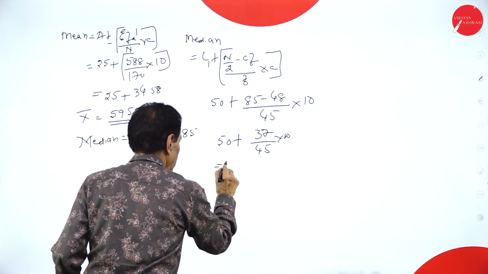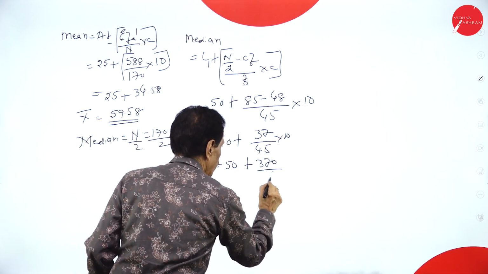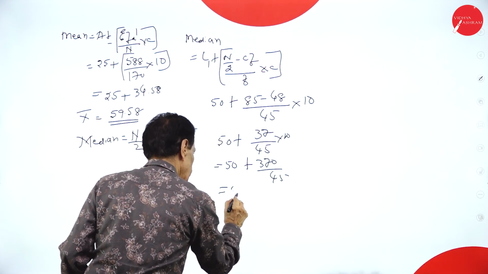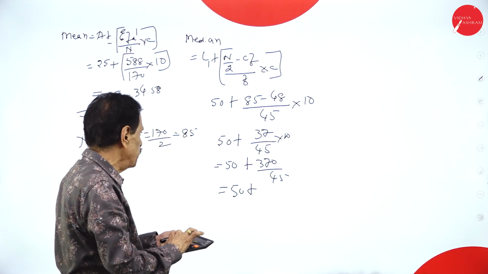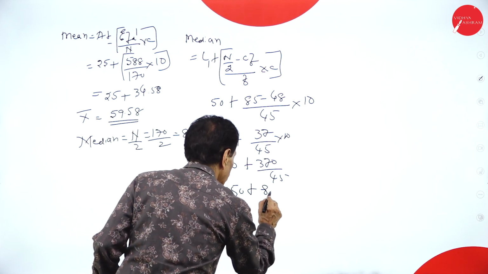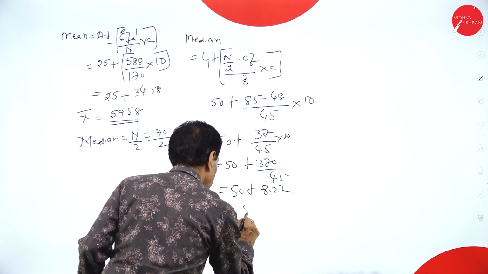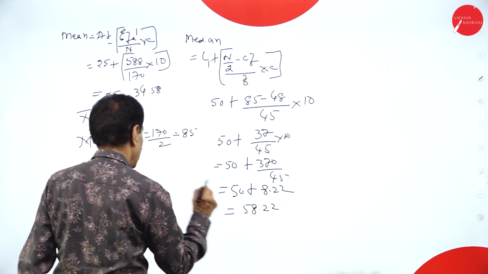This is 50 plus 370 divided by 45, 8.22, 58.22. This is your median.